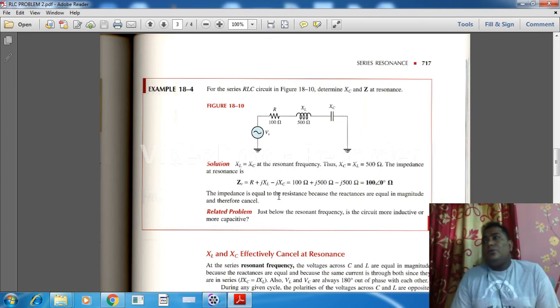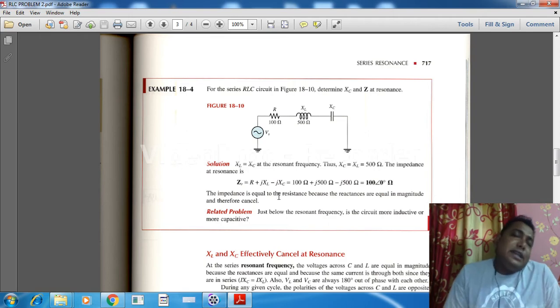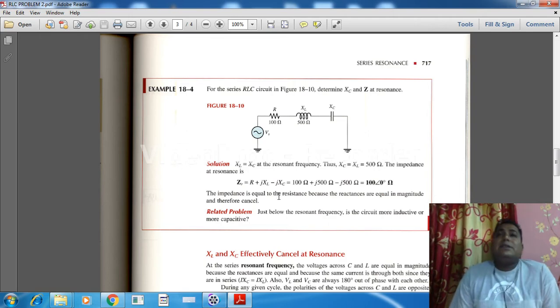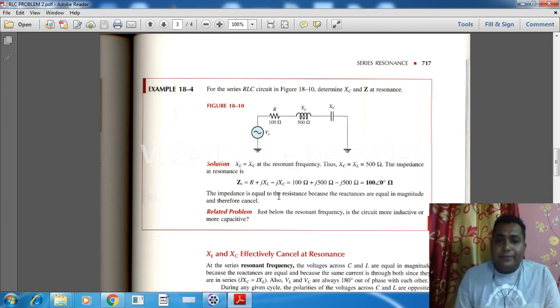We know that in an AC circuit the current formula is V by Z. At resonance, Z is equal to R, so the formula reduces to I is equal to V by R. As V is 100 volt and we know the resistance value, if we put that value over there, we can find out the current value.